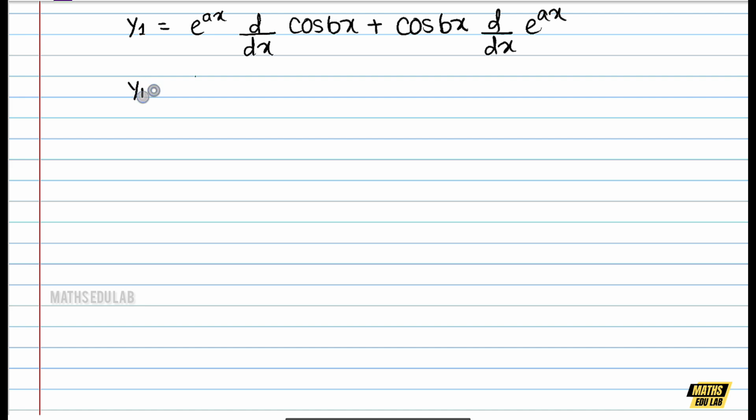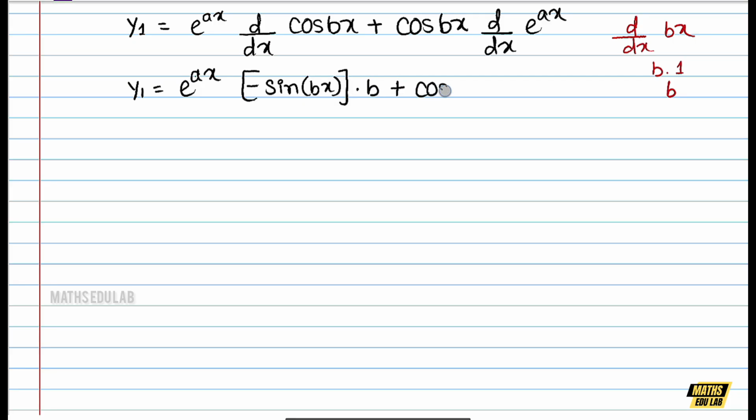Now let's solve this one. So y1 is equal to e to the power of ax, and the derivative of cos x, considering bx as x, is minus sine bx, and following the chain rule, for the derivative of bx, b is a constant and the derivative of x is 1, so we have the value b. Now I can write plus cos bx, and the derivative of e to the power of ax is e to the power of ax, and again the derivative of ax, where a is a constant and the derivative of x is 1, gives the value a.